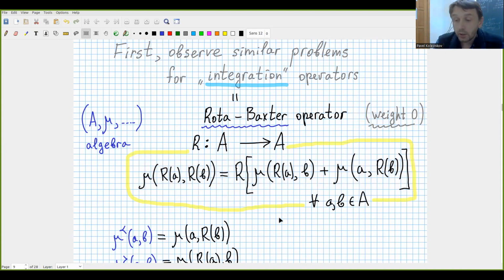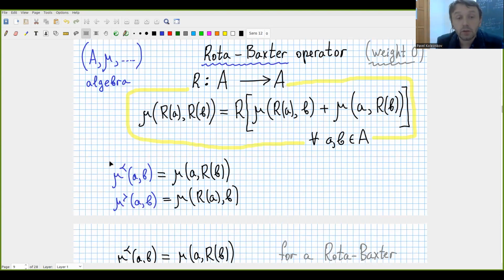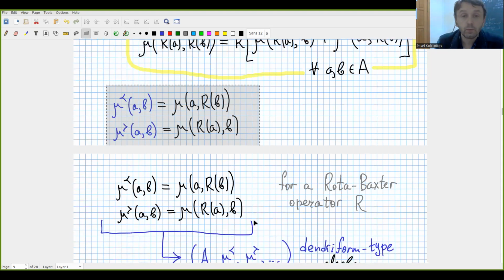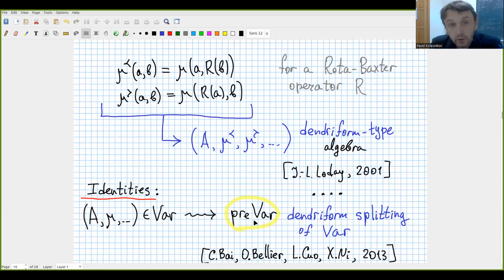And in a very similar way, we may construct left and right derived operations like that. Just instead of a derivation, let us apply a Rota-Baxter operator. These operations are also very well known, because the analog of a derived algebra, in this case, turns out to be what is known as dendriform type algebra.